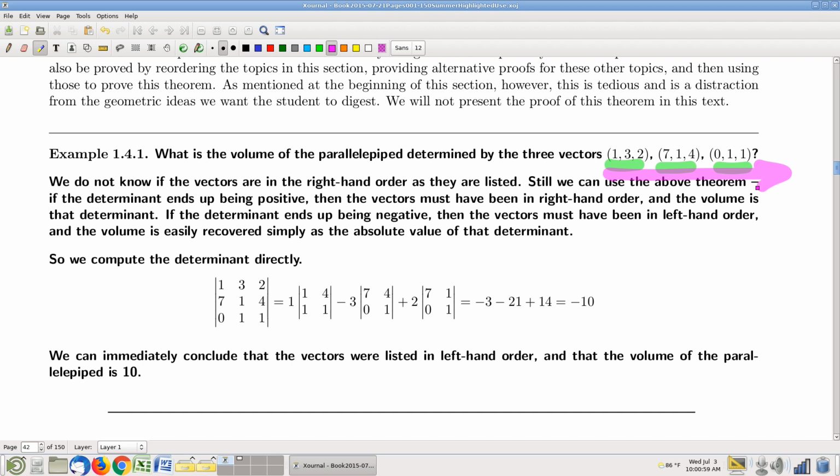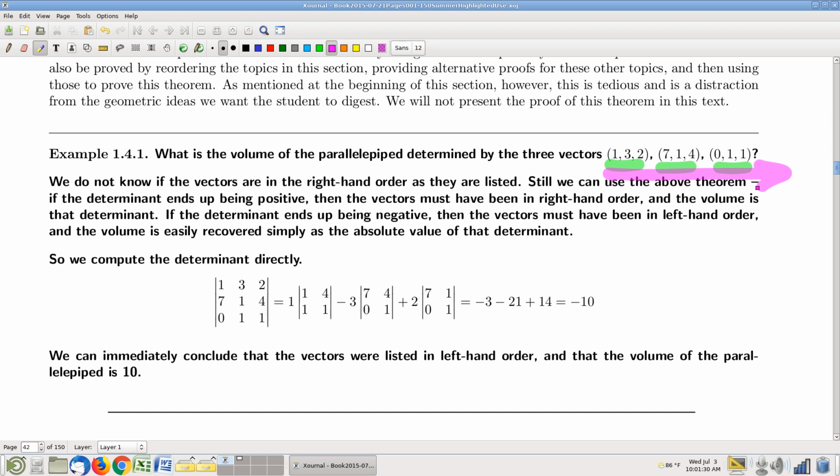I guess you could plot all three vectors, and if you had a three-dimensional model that showed the actual vectors, then you could decide which side of the plane defined by those two vectors this one is on. But you really need a three-dimensional model. If you just sit there and work it with a pencil, it could be really, really hard to tell.